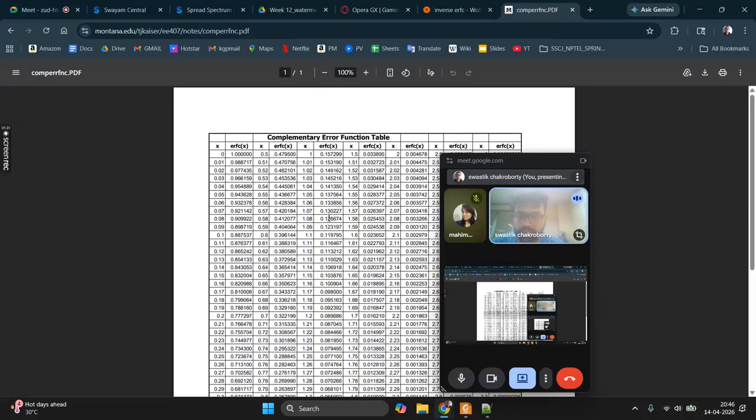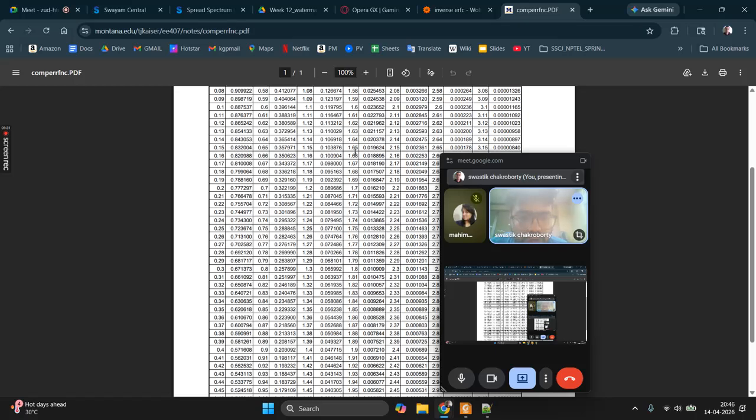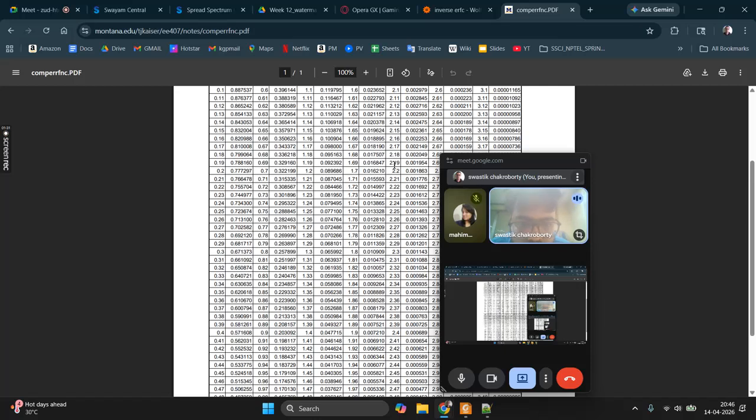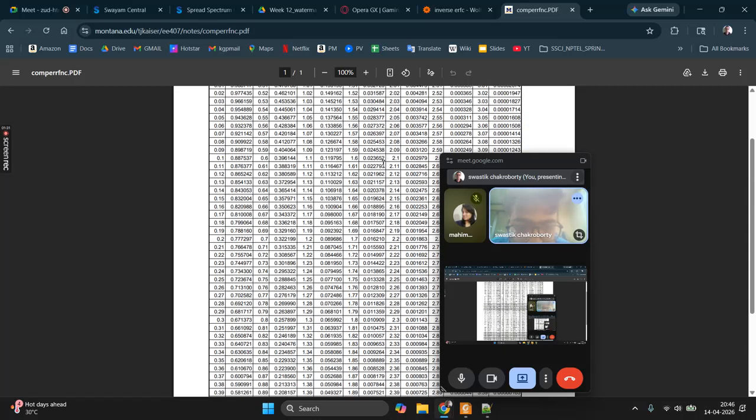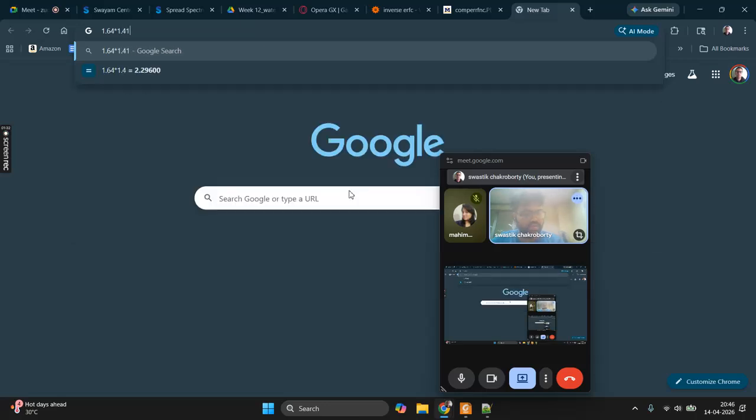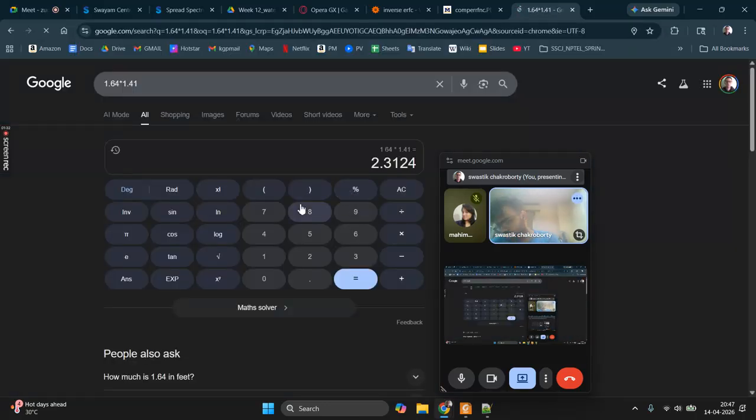The closest we can get is 1.64. So x by root 2 is 1.64. So x is 1.64 into root 2, that is 1.41. If you do 1.64 into 1.41, you get beta equal to 2.31. So the beta value is 2.31.